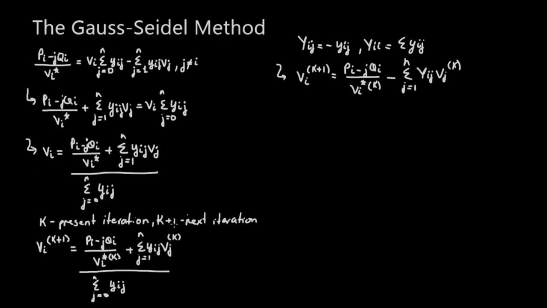So again, I have here minus, and that's because uppercase Yij is equal to minus lowercase yij.